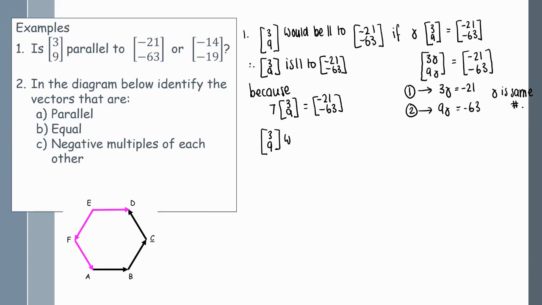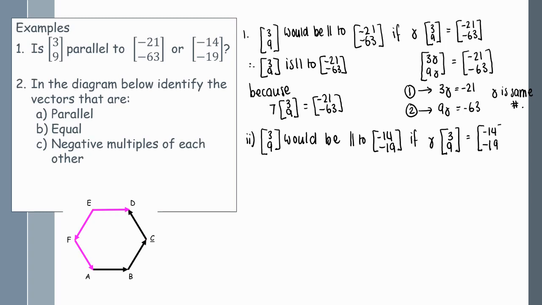For the second part, we have to check if 3, 9 is parallel to the vector minus 14, minus 19. So we do the same thing. Again, we have our constant times 3, 9, and we see if there is such a constant that this is true.